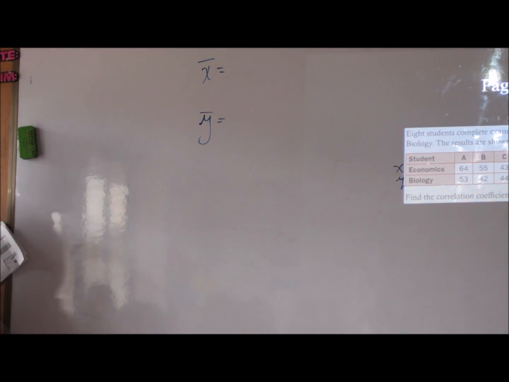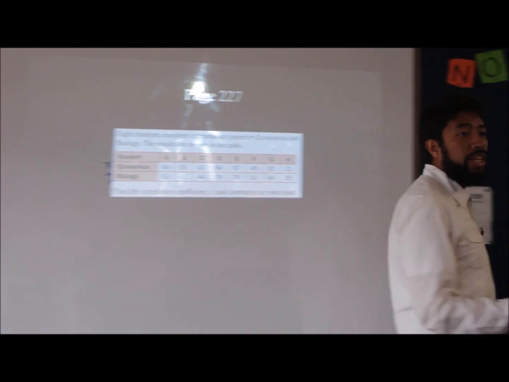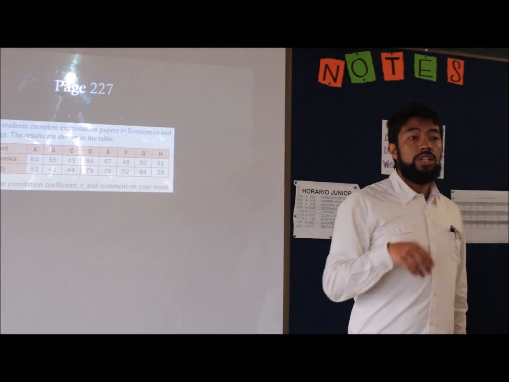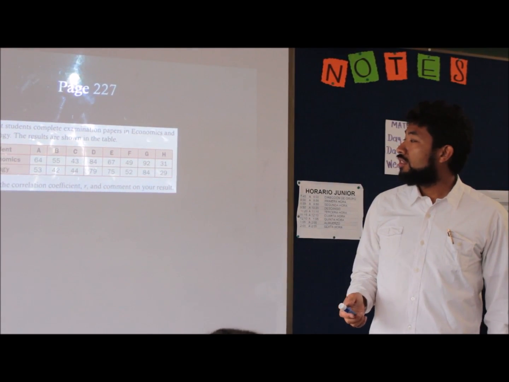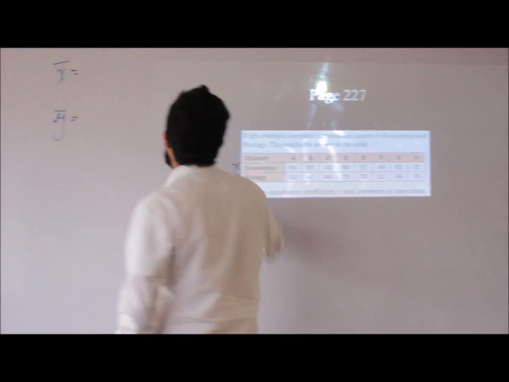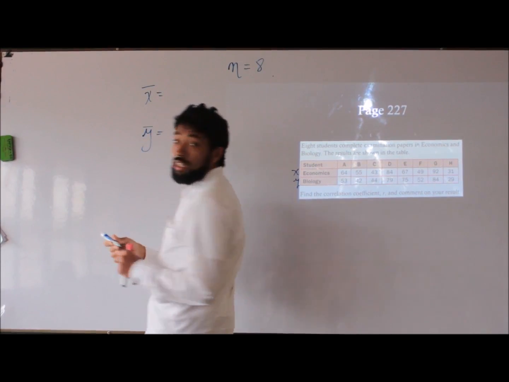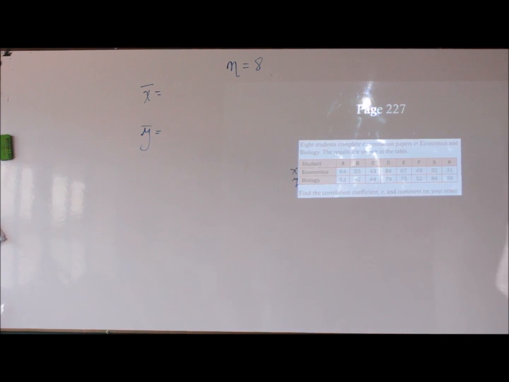I know you find it in the calculator. But what do you do in the calculator? You add all items and you divide by N, so we need that. That will be necessary during the whole problem. N is equal to 8 for this case, okay?